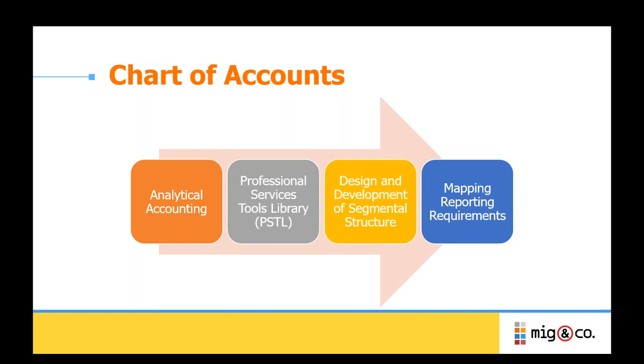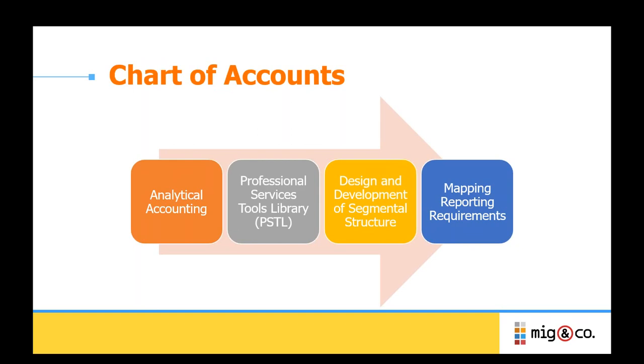I hope I never do. We allow for up to 10 segments in our chart of accounts, and we can match the tracking of activity to the hierarchy of your company in order to report on lines of business, geographical areas, unique entities. So, of course, we need to sit down and think about what is that design, how do we develop what those segments should be from a reporting perspective.